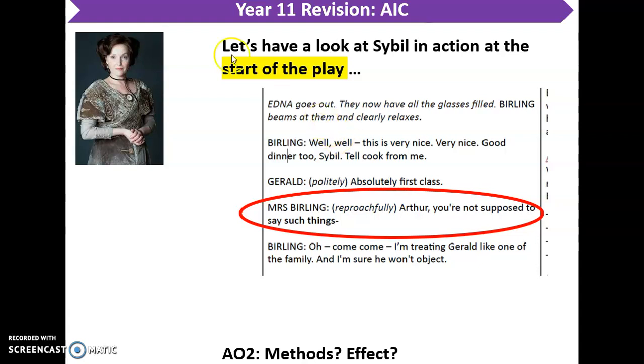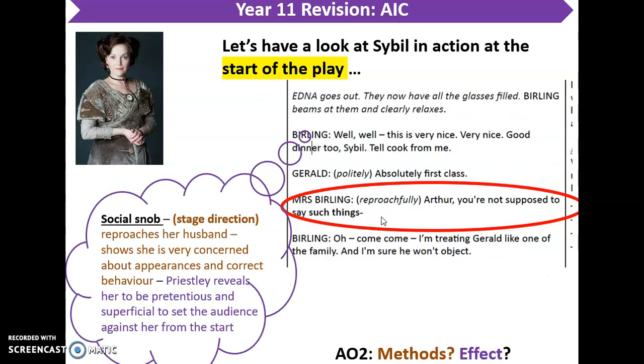Because we know that Sybil Birling is an upper-class, well-bred lady, whereas Mr Birling is a self-made middle-class man. He doesn't know the correct way of doing things, and she takes this opportunity to reprimand him, and we see that she's a social snob. She is very concerned about appearances and correct behaviour. And she puts her husband right.